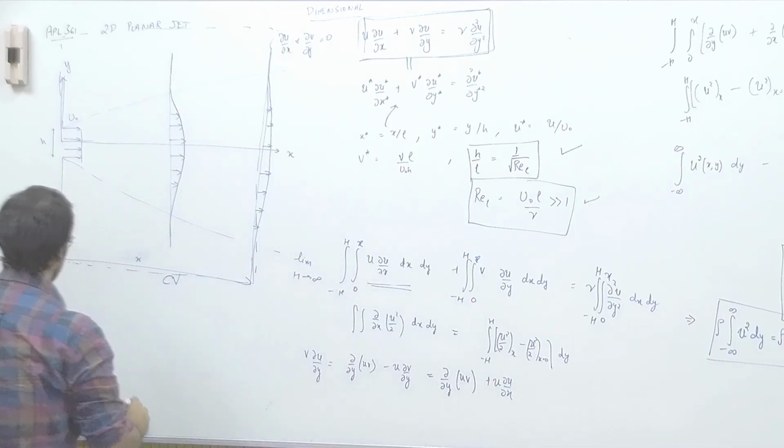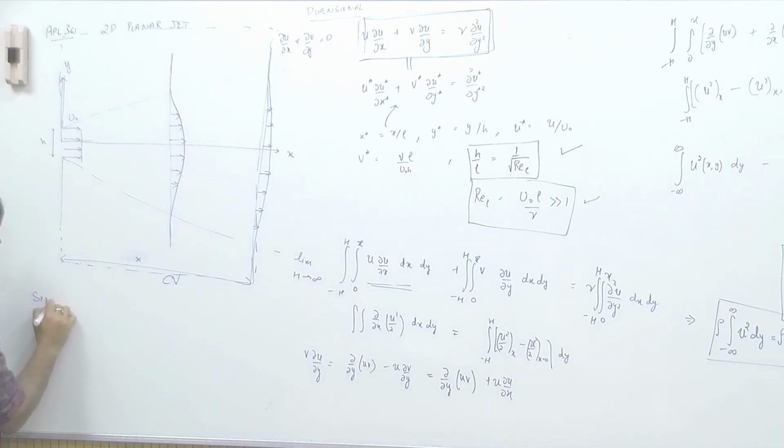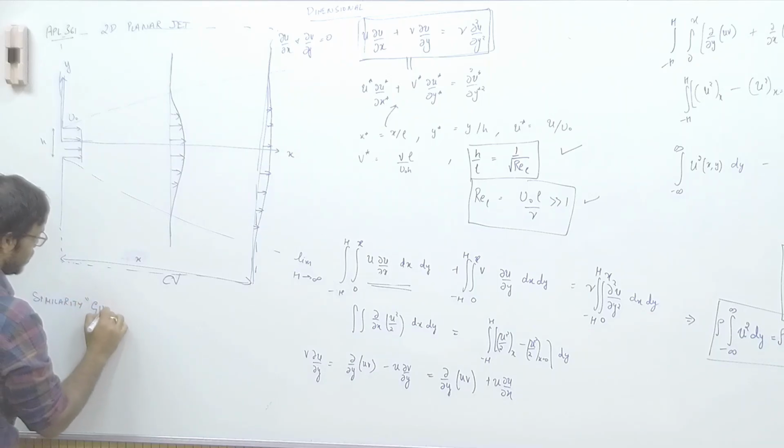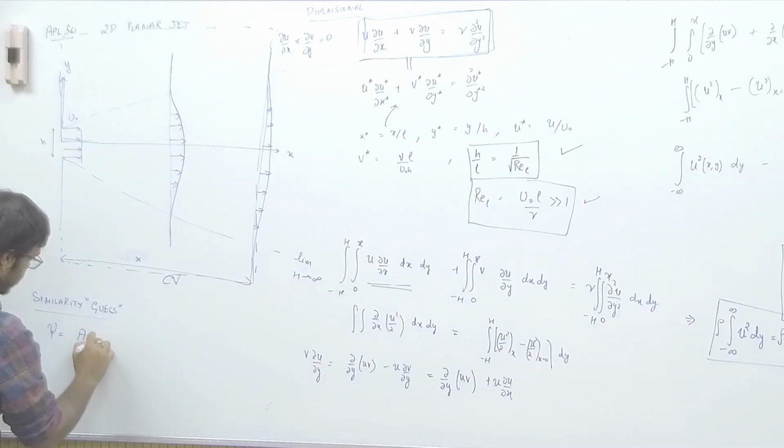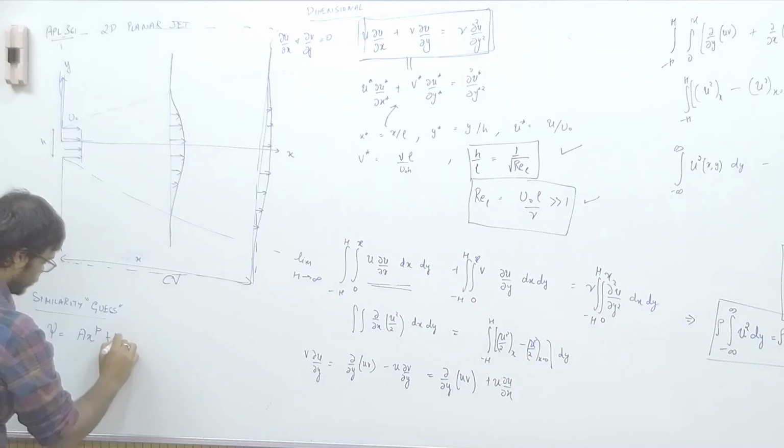We will start with our similarity guess, which is something that you will be provided in your exams. I could have followed this procedure in boundary layer also, but I didn't want to introduce it there. I'd like to introduce it here.